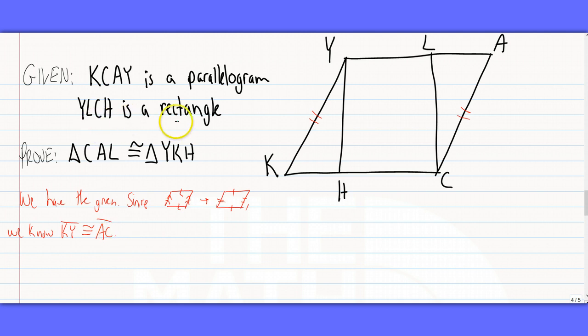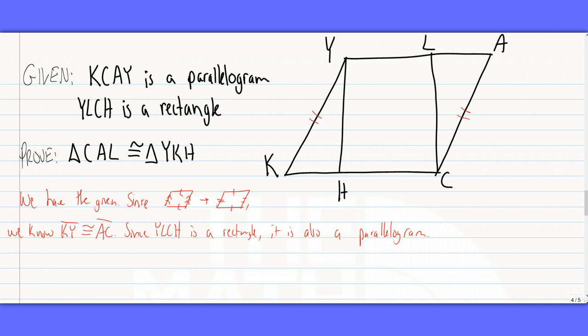Next, YLCH is a rectangle. Since YLCH is a rectangle, it is also a parallelogram. And that is just a fact that we know. That's one of the luxuries we have in a paragraph proof, is we can state facts like this.